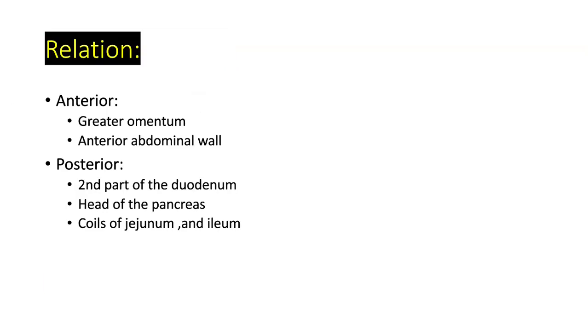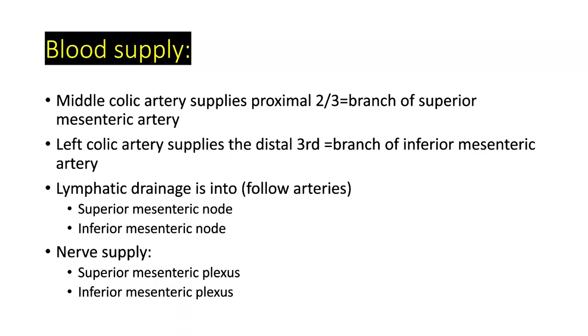So the relations: anteriorly it has the greater omentum and anterior abdominal wall, while posteriorly it has the second part of the duodenum, head of the pancreas, and coils of the jejunum and ileum. The blood supply is from the middle colic artery, a branch of the superior mesenteric artery, which supplies the proximal two thirds of the transverse colon.